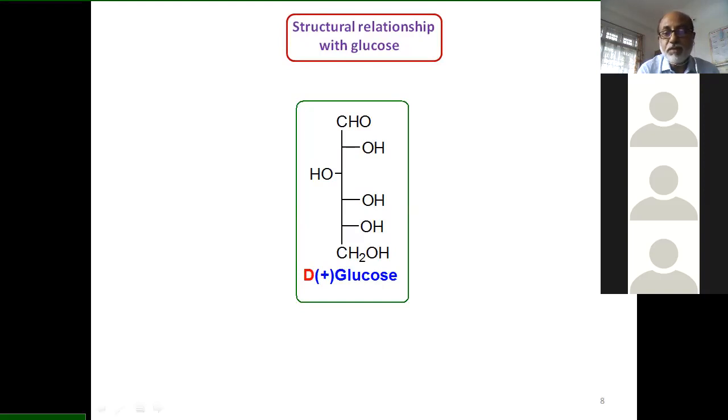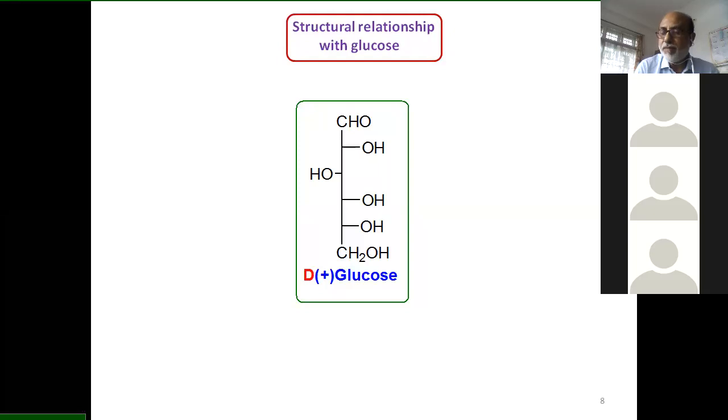All structures having this OH group on the right-hand side are D structures. Plus means it is a dextrorotatory compound, and this is the glucose name. There will be 16 different structures, but with respect to glucose, we remember the other structures.